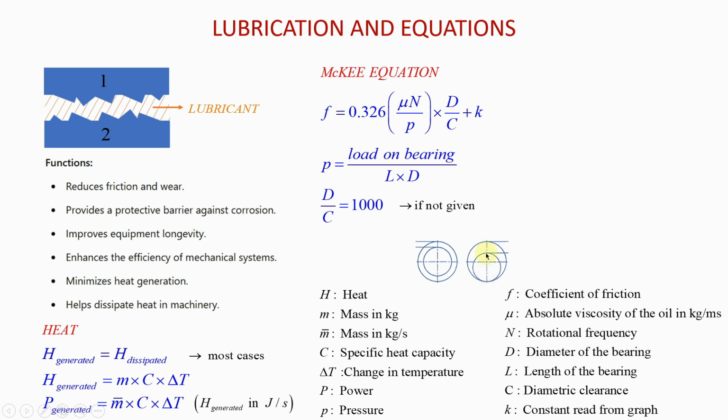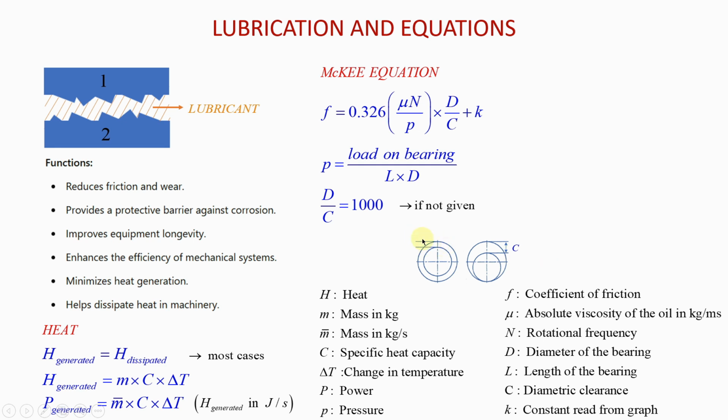Now, when we are talking of the diametric clearance, it's actually that distance there, okay? If you push both circles in such a way that they touch on one end, the distance that you will have on top here, this is what we will refer to as the diametric clearance, okay? That's C. This C that you have here is the diametric clearance, okay? You can see how it is measured.